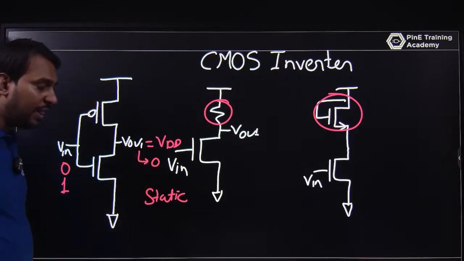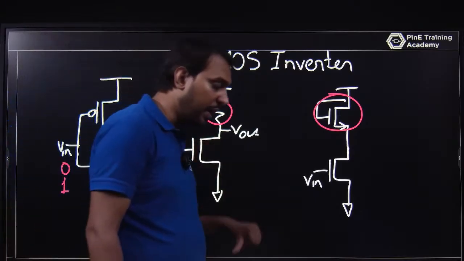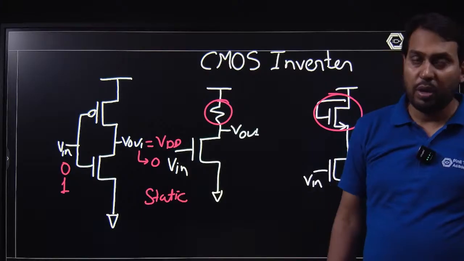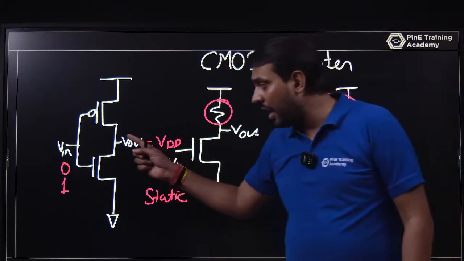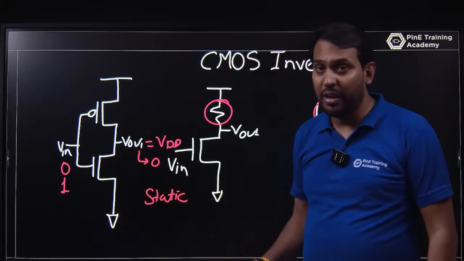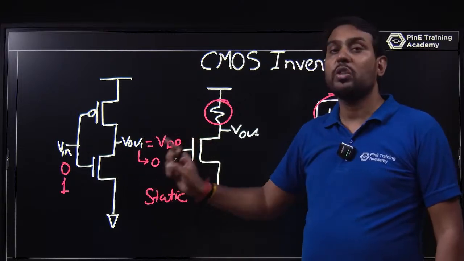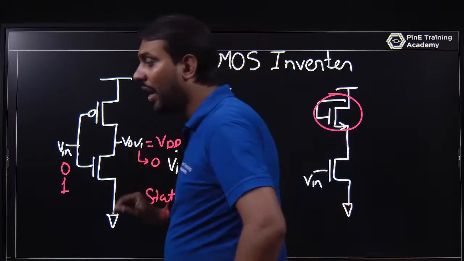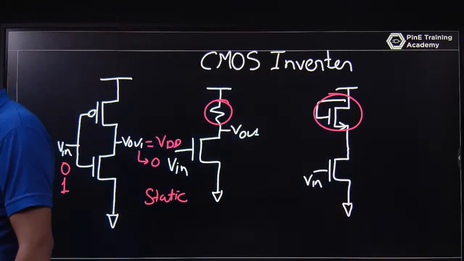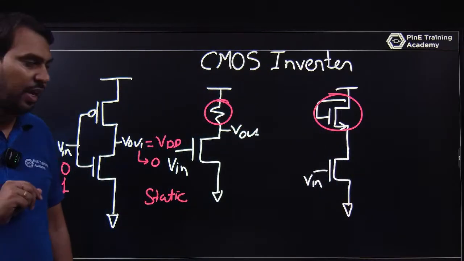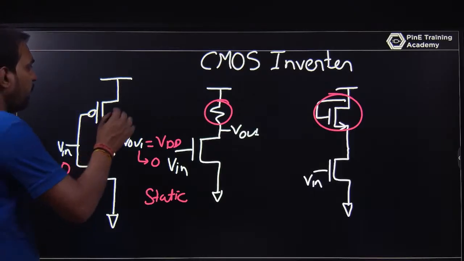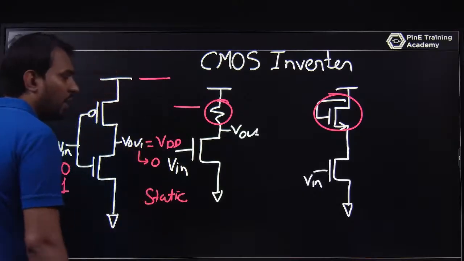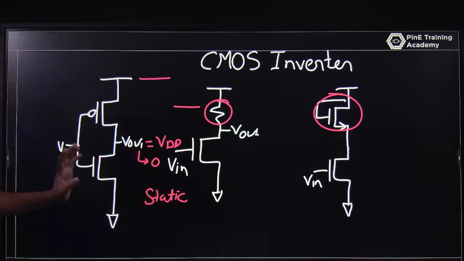So for this type of circuit, the static power is 0, because whether the input is 0 or 1, only one of the MOSFETs is active. It can be the PMOS or the NMOS, but both MOSFETs will not be active for a static input. Whenever the input is high or low, one of the MOSFETs is off.